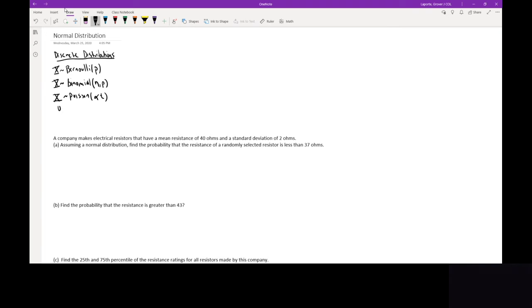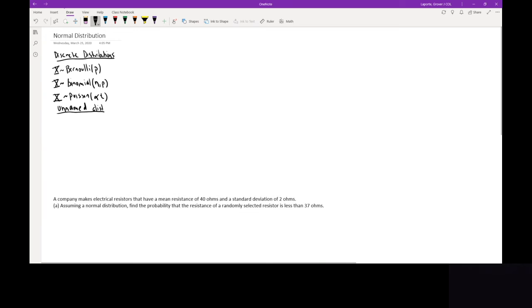Or we could have an unnamed distribution, meaning it's not a parametric distribution. Let me put a little bit of space in here and move this down.